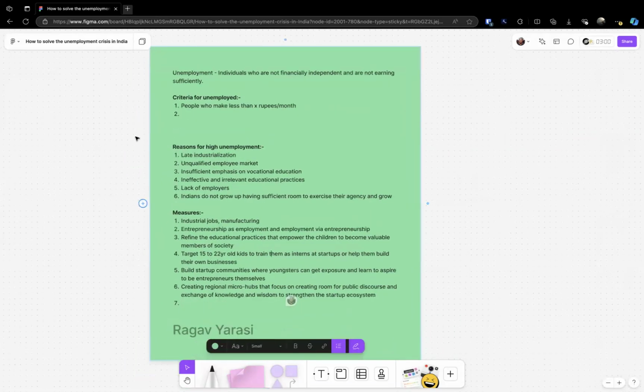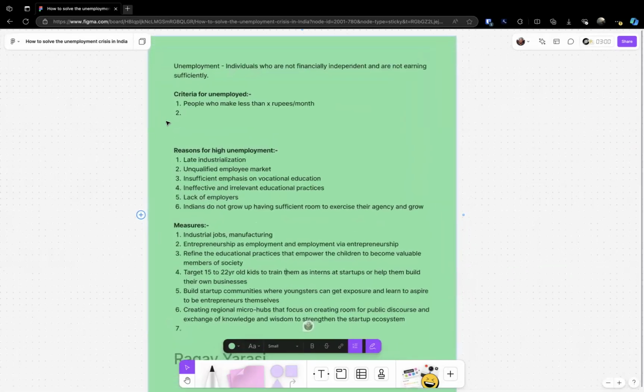So with that established, let's go over the points we discussed last time. One of the things we did last time was trying to find the definition of unemployment. We defined it as individuals who are not financially independent and are not earning sufficiently. This is a very broad definition, and it's really hard to get statistics because there are various definitions of unemployed.